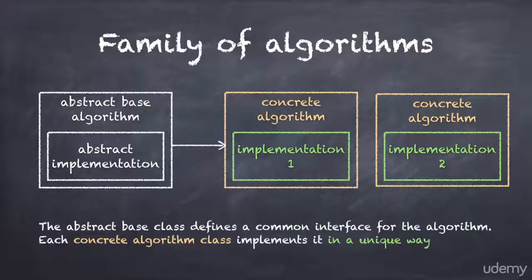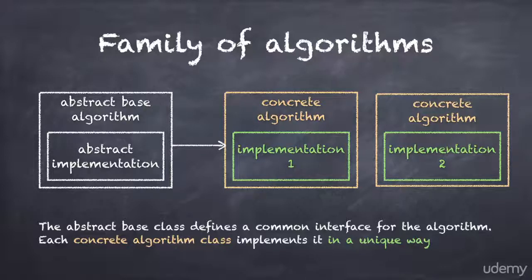A client can declare a variable of type strategy and initialize it with a specific concrete strategy class to use that specific algorithm. Changing algorithms is as simple as assigning a different concrete strategy to the variable. Because all strategy classes share the same interface, everything keeps working.